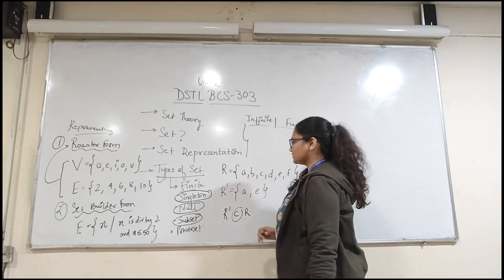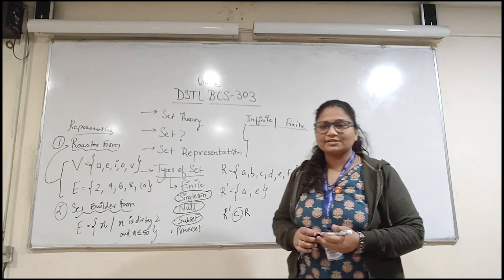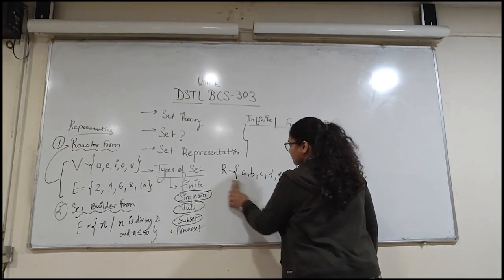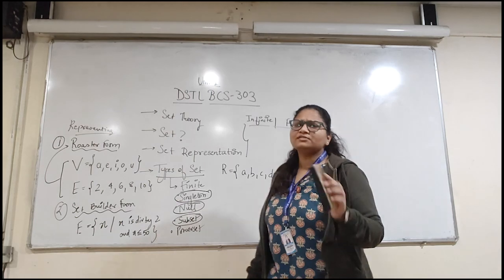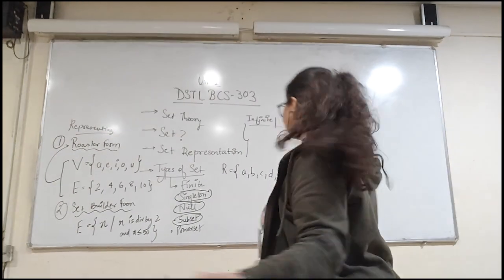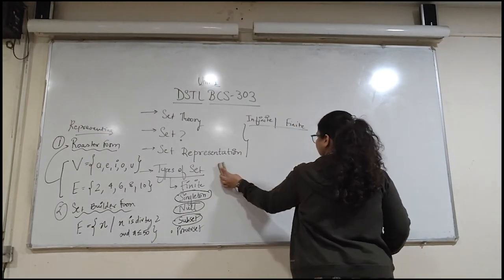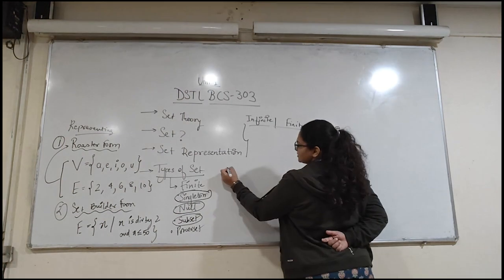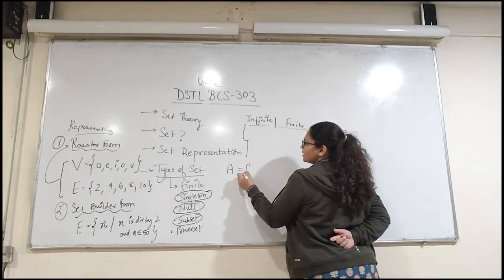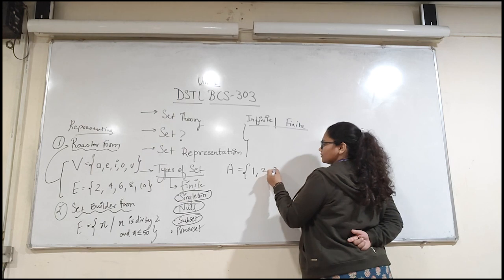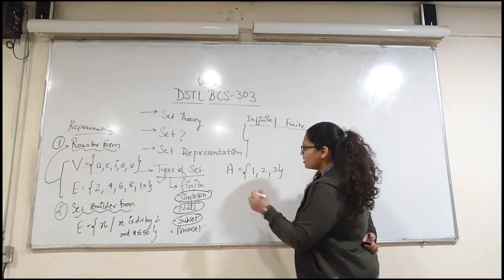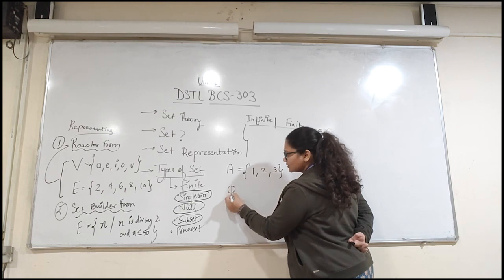Now, power set. Let's come back again to the subset. I take a set A and write these three elements in it: 1, 2, 3. Now, how many subsets are possible? Firstly, the null set.